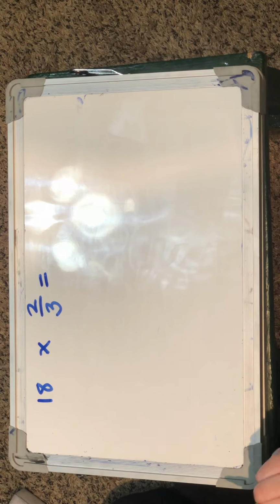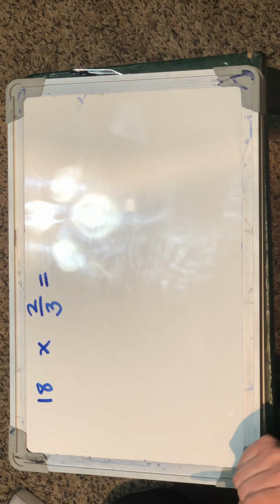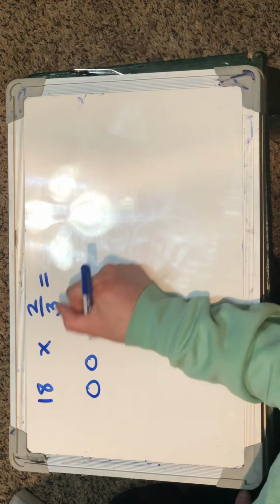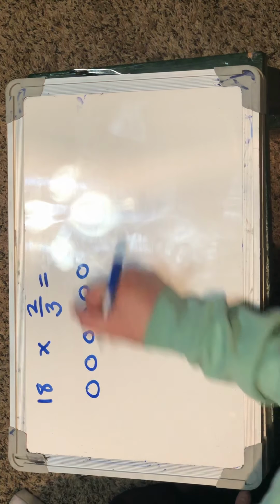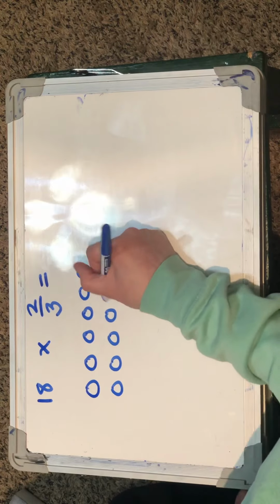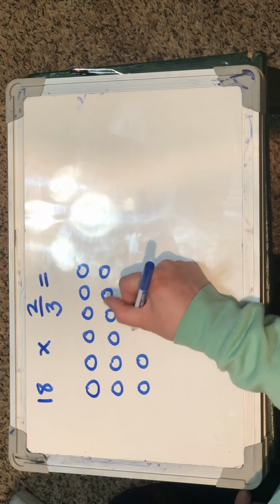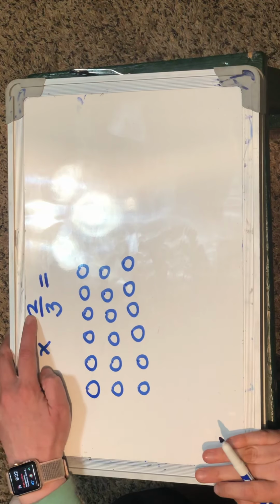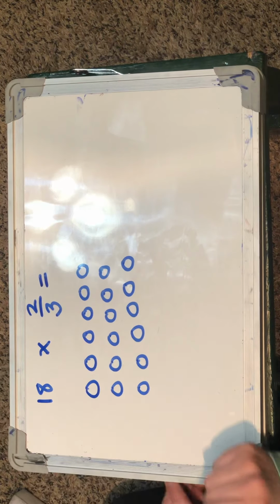So, here's my equation. I could show this the same way that I showed the last one. I could make my 18 candies. 1, 2, 3, 4, 5, 6, 7, 8, 9, 10, 11, 12, 13, 14, 15, 16, 17, 18, right? 2 out of every 3 are butterscotch.